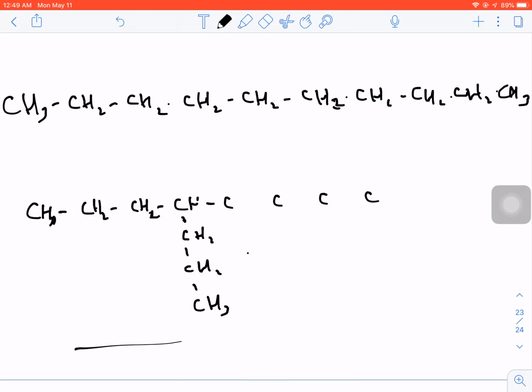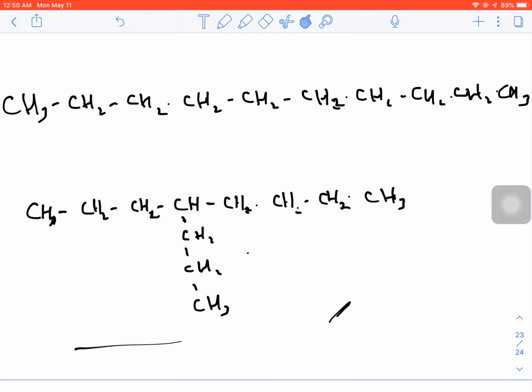So I'm going to put a single hydrogen on here. It's not CH2, it's just CH. This carbon will be CH2. This carbon will be CH2. This carbon will be CH2. And the end carbon always CH3. Okay, so there is 4-propyl octane, which is number 6.